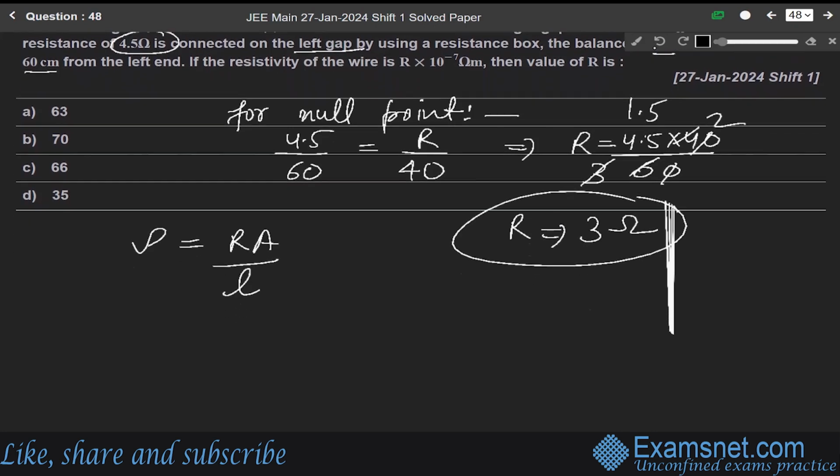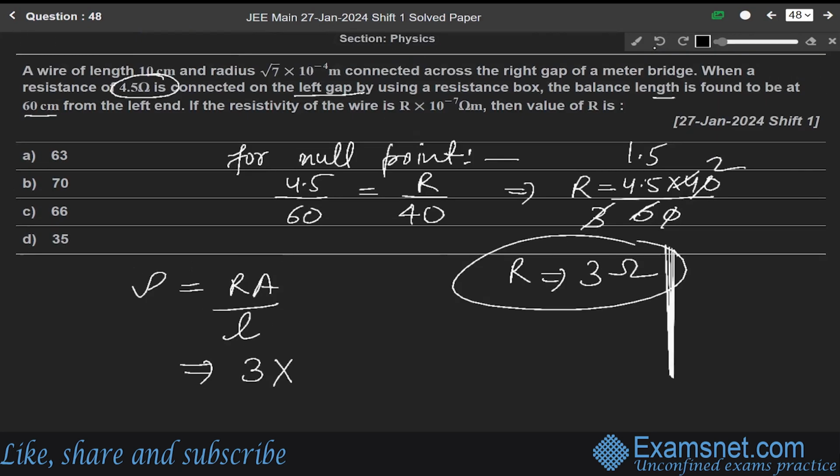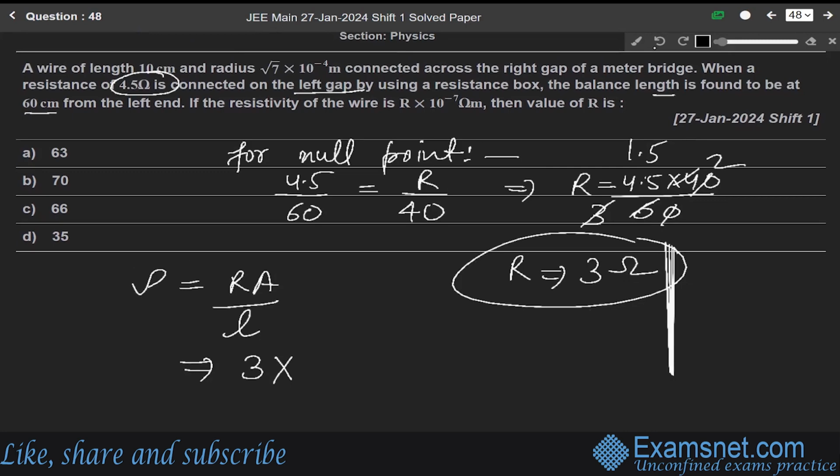So it will be equals to 3 into area. Area is given as what? Area will be pi r square, means 22 by 7 into r square.